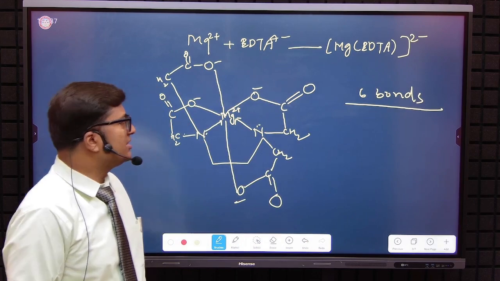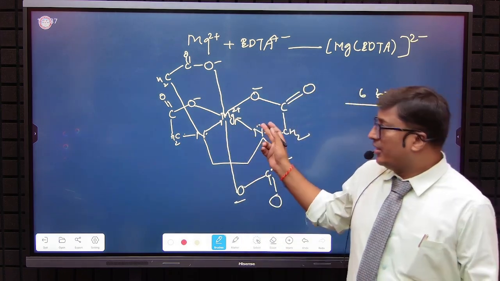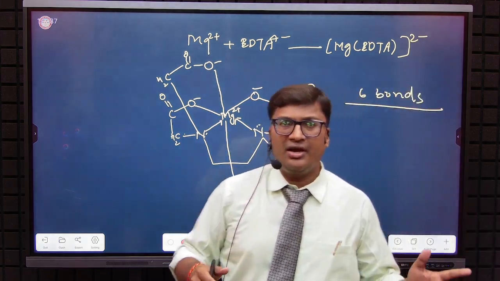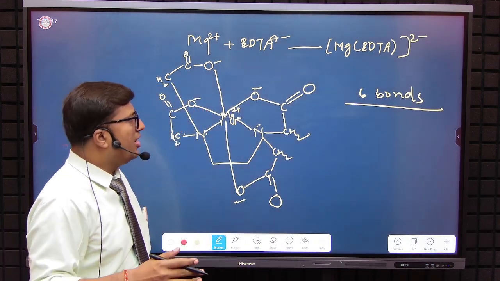So Mg2+ has 6 coordination number, means this particular structure is actually in octahedral form.